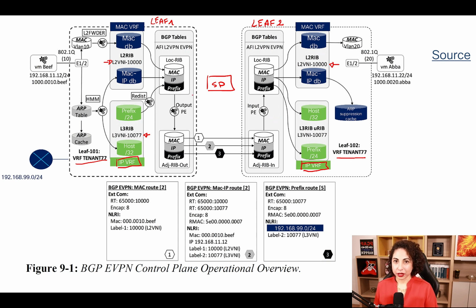Again, in the background, when we instantiate a new L2 VNI, the Nexus 9K will create a MAC VRF for that specific L2 VNI. In this discussion, I'm making the simplification of saying that the MAC VRF is equal to my L2 RIB, and the IP VRF is equal to my L3 RIB.